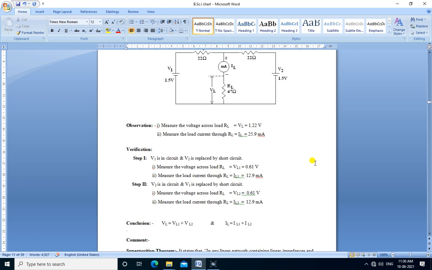So the conclusion is VL is equal to VL1 plus VL2. VL1 is 0.61 and VL2 is 0.61.